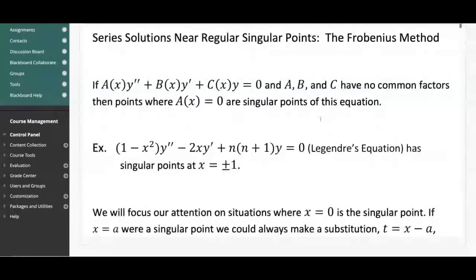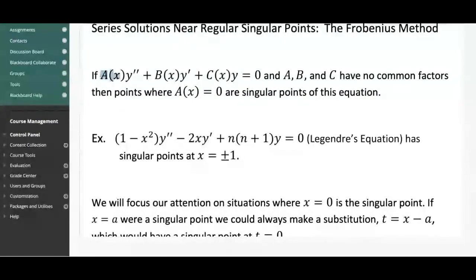Okay. So this is a regular equation. We have a function of x as the coefficient of y double prime, another function of x as the coefficient of y prime, and a function of x as the coefficient of y, then equals 0.